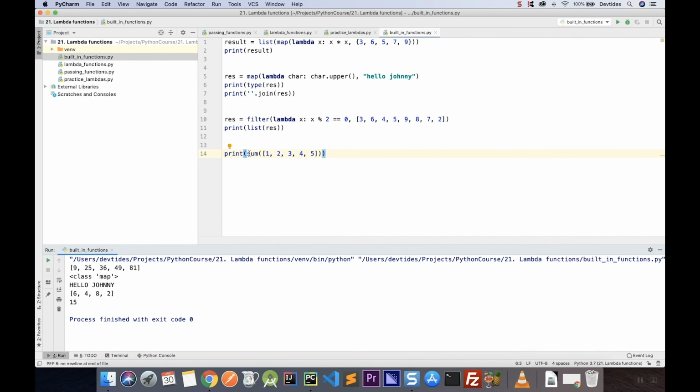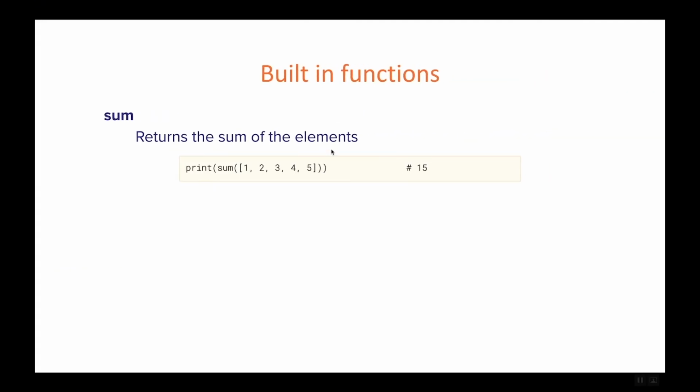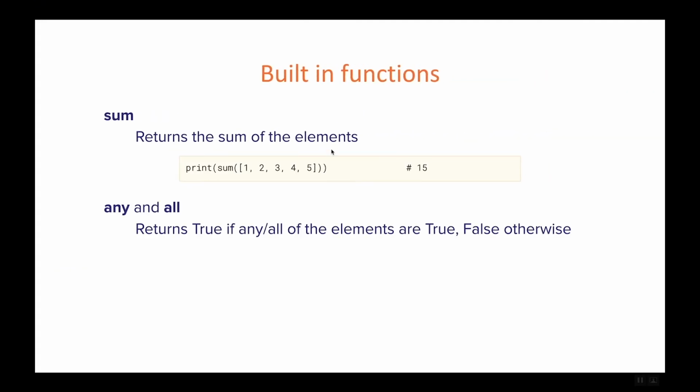There is no lambda being passed here because we are not applying a lambda to the elements of this collection, but it's an interesting function, and since it's also a built-in function, why not study it as well? There are a couple more that I want to show you, which are the any and the all functions. These return true if any of the elements are true, and true if all the elements are true, respectively.